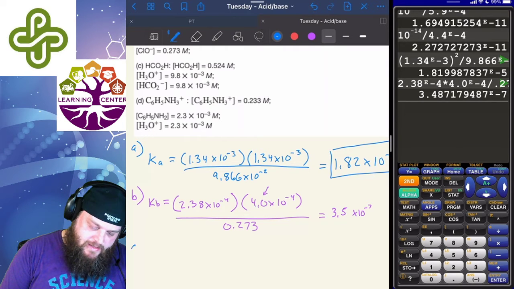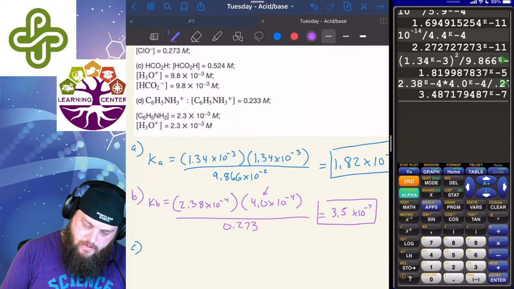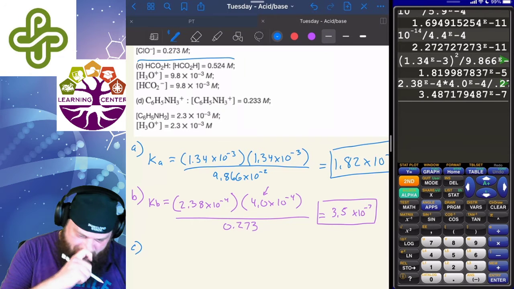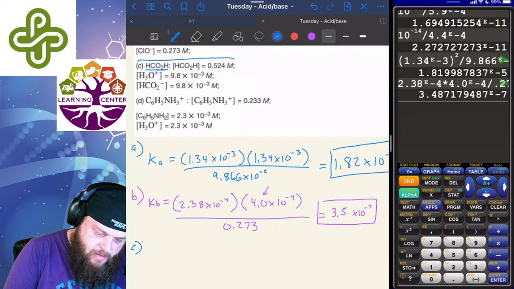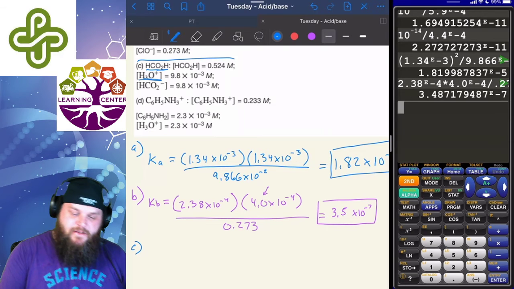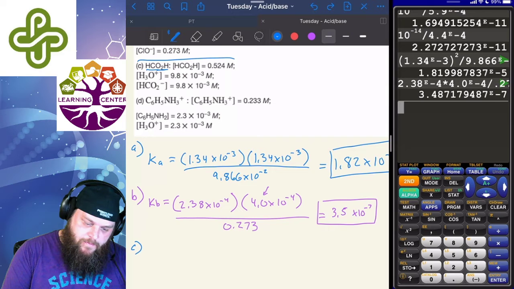For part C, let's box this in. Part C, we're looking there. We can see we have this and we have hydronium. So that's going to be an acid. So we're going to have a Ka value.